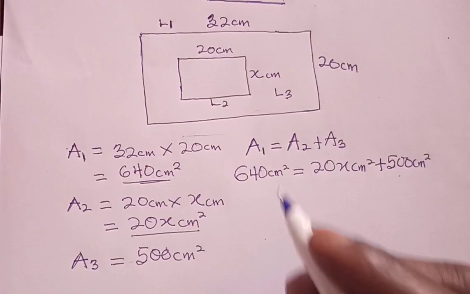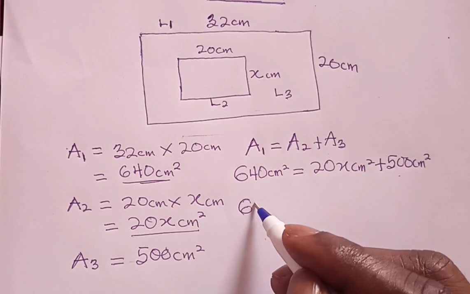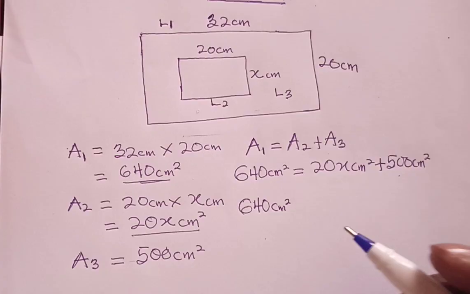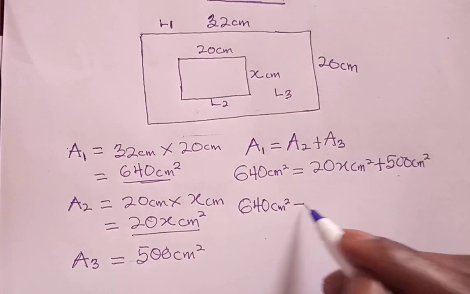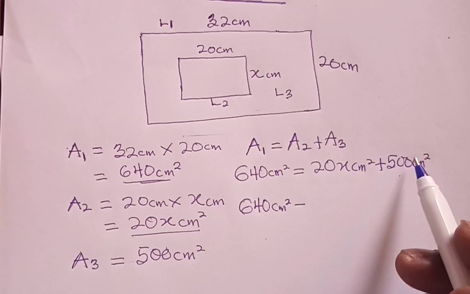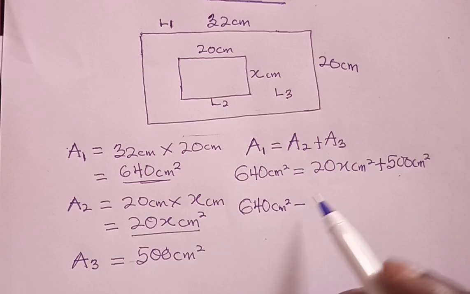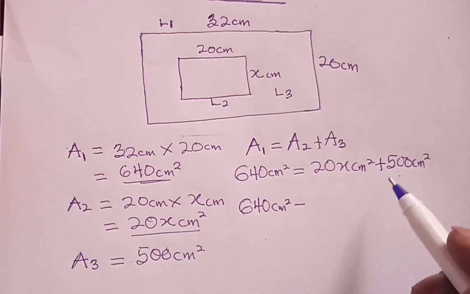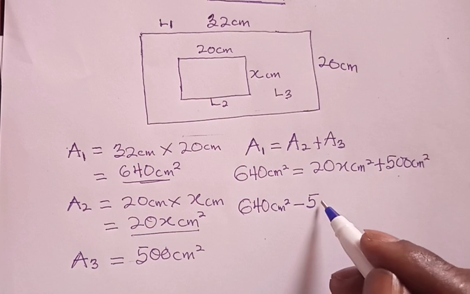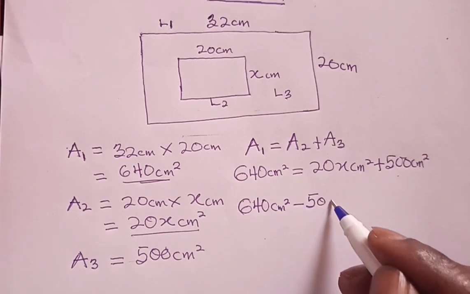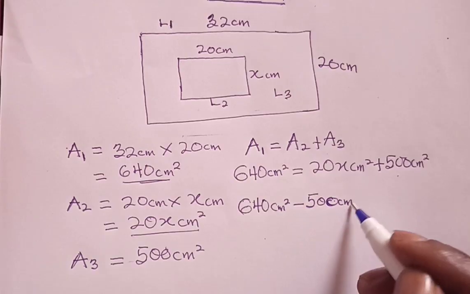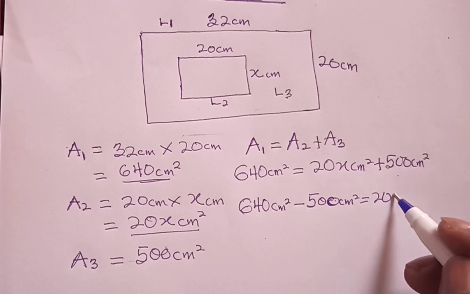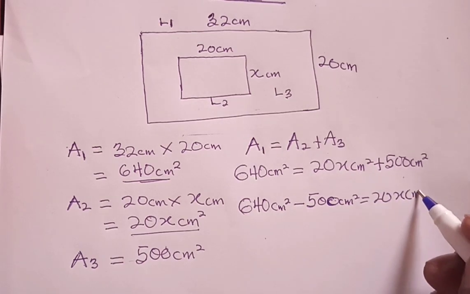We can write this as 640 centimeters squared minus, if we find the additive inverse, this is how we are going to do it. We subtract 500 centimeters squared from each side, and then we get 500 centimeters squared is equal to 20x centimeters squared.